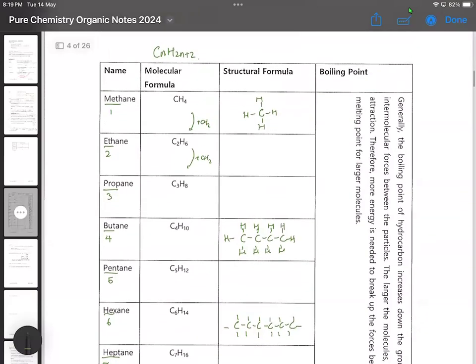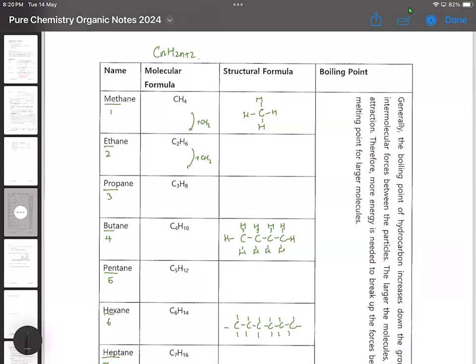Okay, any questions with regards to number 1, the naming? Based on the number of carbon atoms, we have the meth, eth, prop, but, pent, hex, hept, and so on. Number 2, how to draw the structural formula for the basic alkane molecule. Number 3, how to use the general formula of CnH2n+2 to derive the formula for the alkanes.